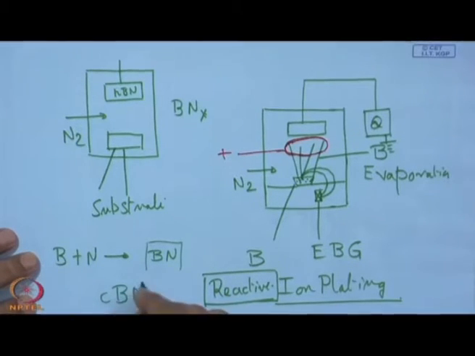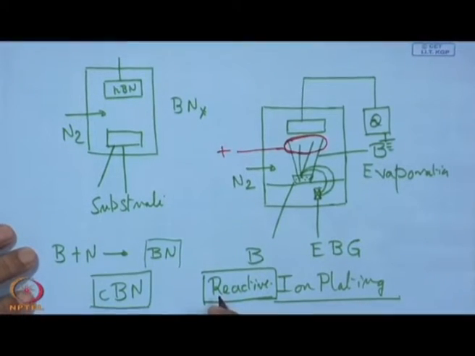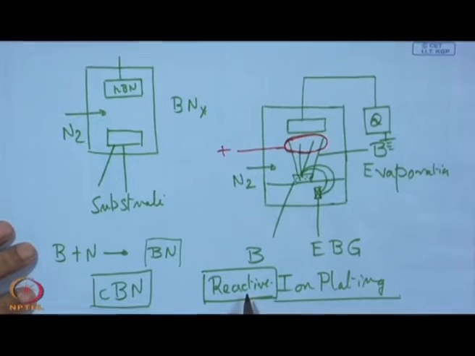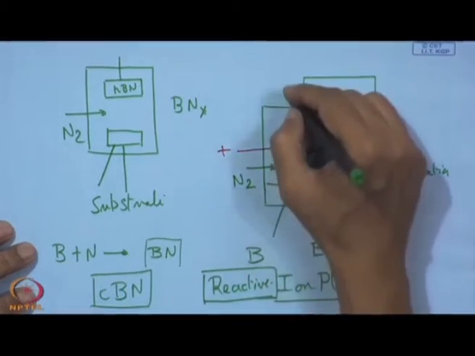So, here it was much more effective than the process we have just described. It is actually reactive ion plating of boron nitride, and because of this impingement with high energy, it is going to be a CBN structure, but it also has a huge, high magnitude compressive stress when it is finally deposited on this substrate.